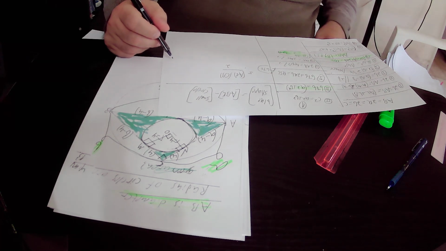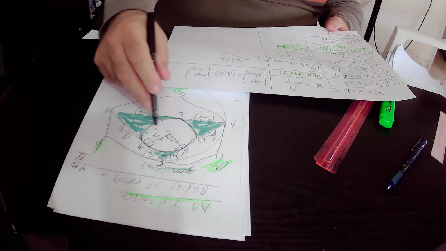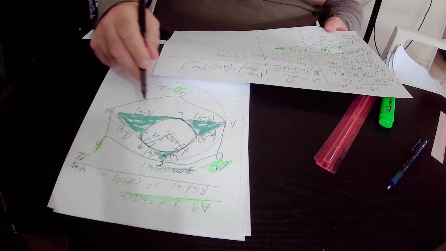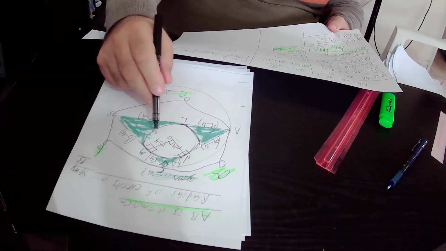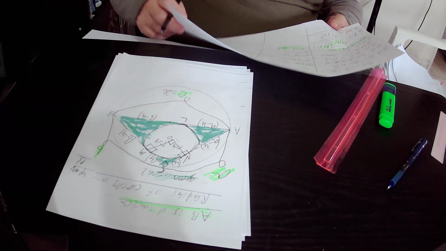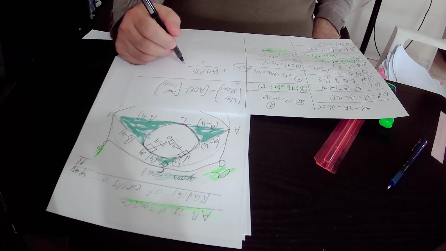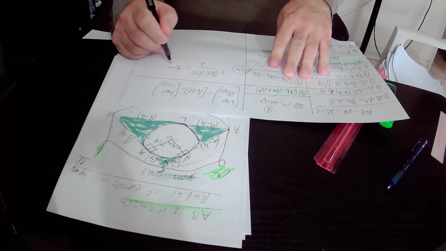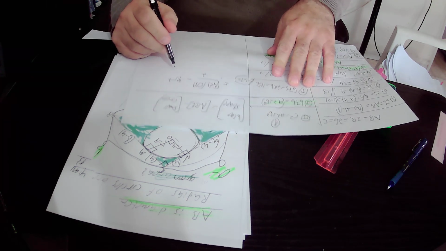The height creates 90 degrees with the base AC, therefore CB is indeed the height to the base AC. The area of the small circle equals pi r squared, and r equals 4 units, the radius of the small circle.